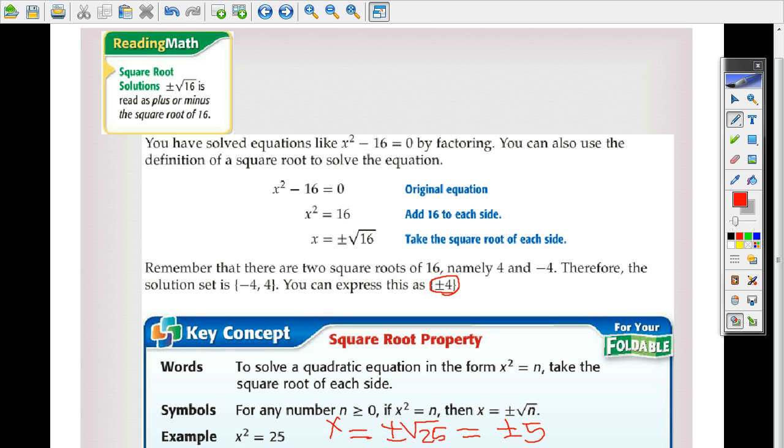Because you have to remember 5 squared is 25. Also, negative 5 in parentheses squared is also 25. That's why we had that plus or minus sign there.